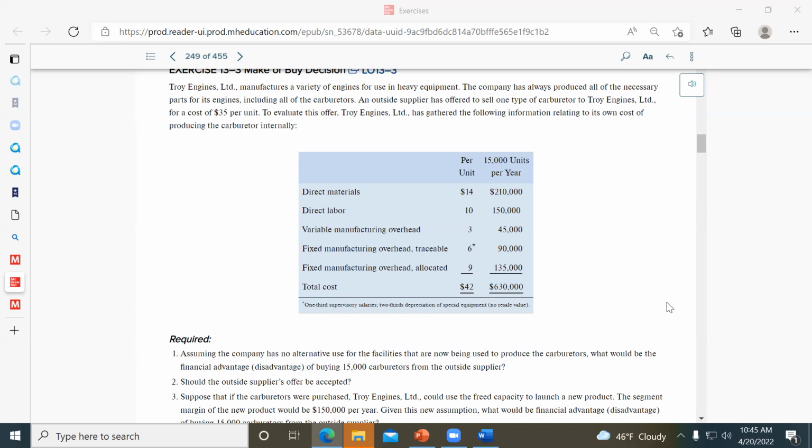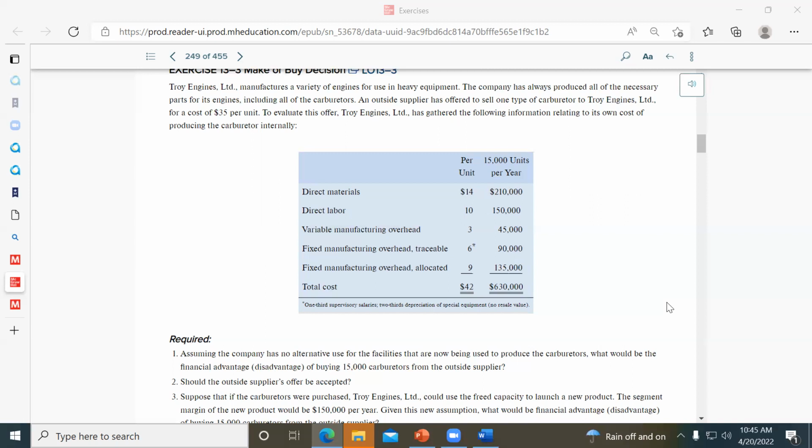An outside supplier is offered to sell one type of carburetor to Troy Engines for a cost of $35 per unit. To evaluate this offer, Troy Engines has gathered the following information relating to its own cost of producing the carburetor internally. So here we've got cost per unit.